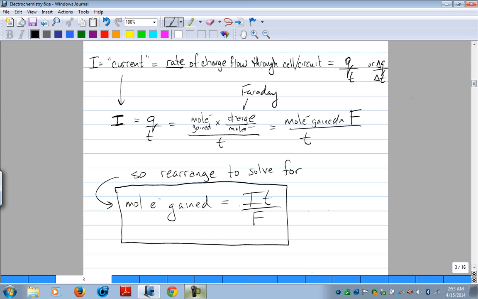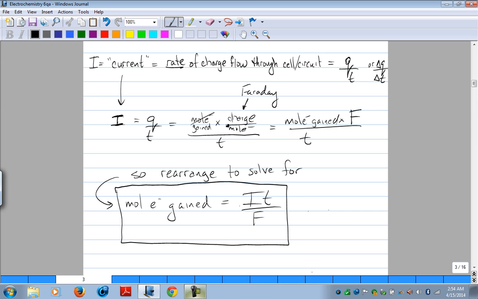And in terms of the reaction itself, there are going to be a certain number of moles of electrons gained at some given moment. We want the moles of electrons to be converted to charge, so we use the Faraday. That's the amount of charge per mole of electrons. So that's basically what Q is, moles of electrons gained times charge per mole.